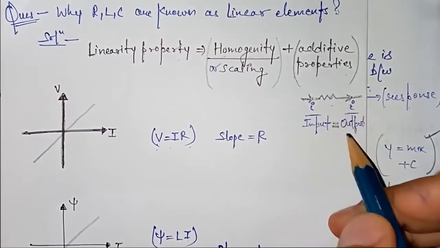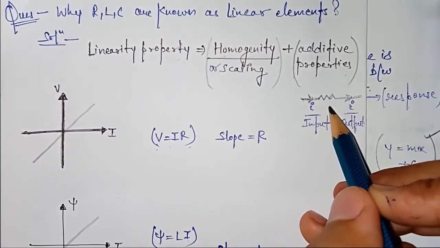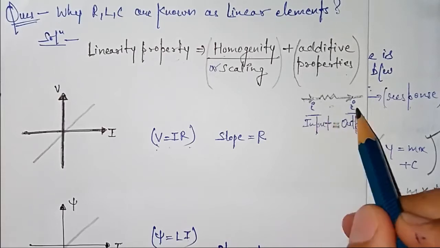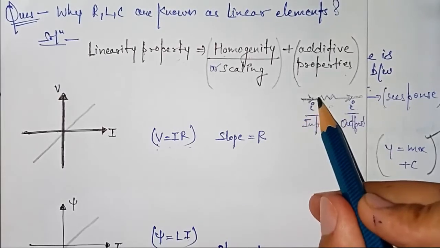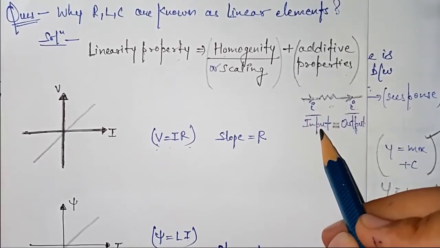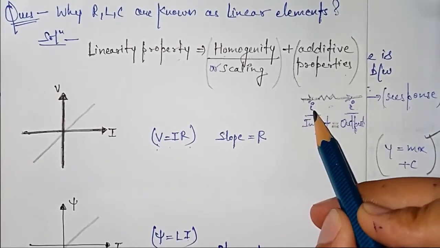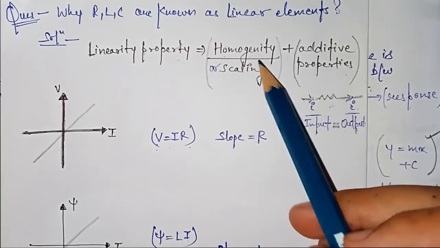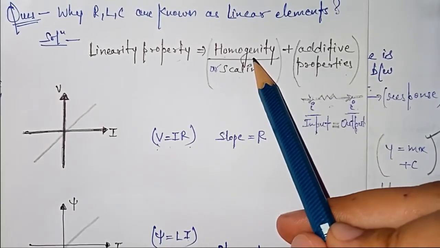As we know, in resistors only voltage drop takes place. The value of current is the same when it enters or when it leaves. That is, input current must equal output current. Thus resistors obey the law of homogeneity.